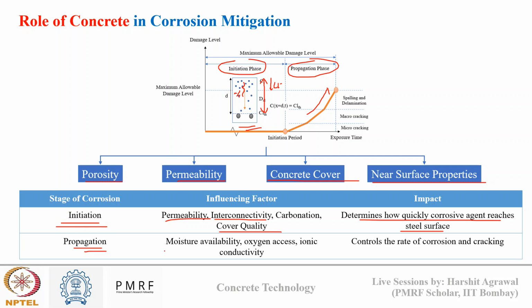And second, based on the moisture availability, the oxygen access, and the ionic conductivity, these factors of my cover concrete, they can control the rate of corrosion or cracking in cover concrete, or they can control the propagation period.